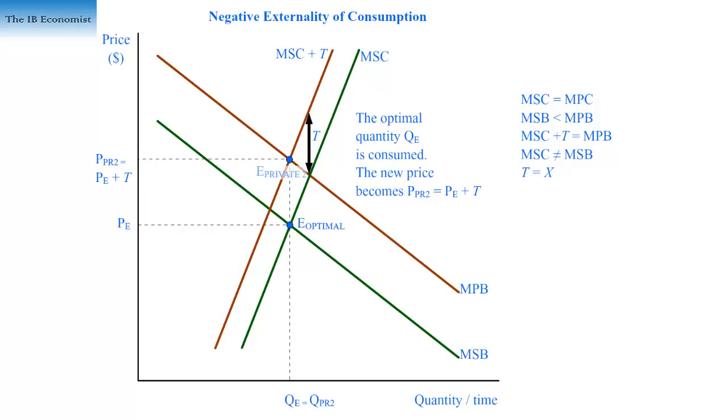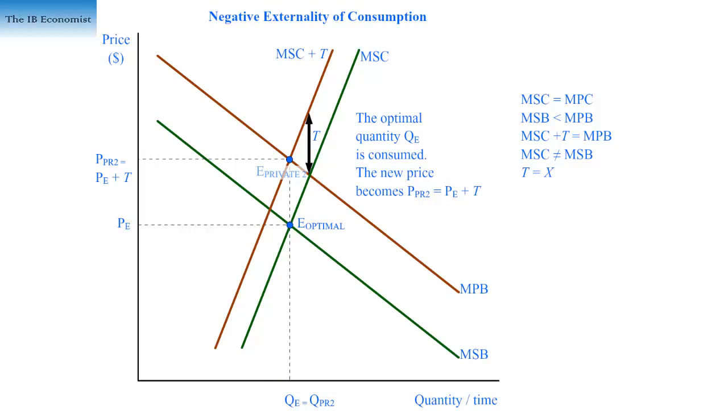So when we were using this tax, we were able to correct the externality because once again consumers would be only using the right amount of units in this market. There is no problem anymore of overconsumption. The consumption is equal to QPR2, which is also equal to QE.